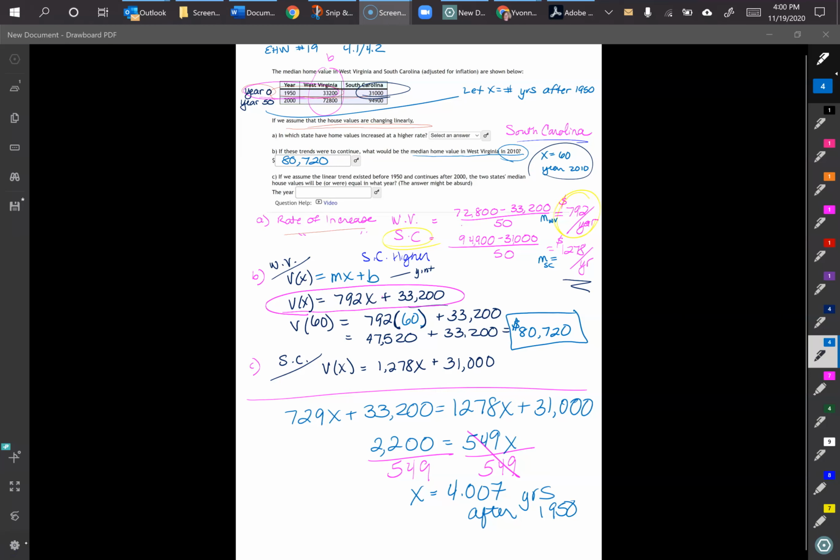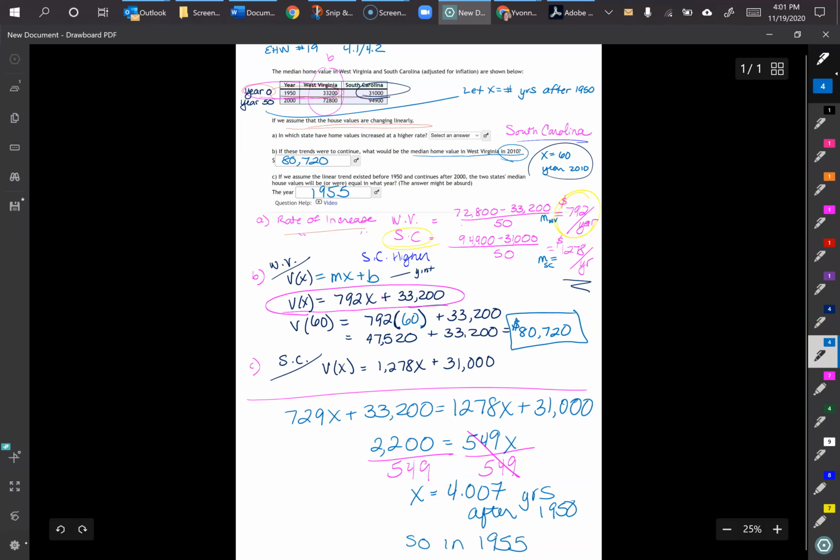Once I solve this out, I get x equals 4.007 years. So even though it's a tiny decimal there, the answer will be 1955 because it's going to be in that year. It just puts me over that tipping point into 1955. So that's when they would have been equal.